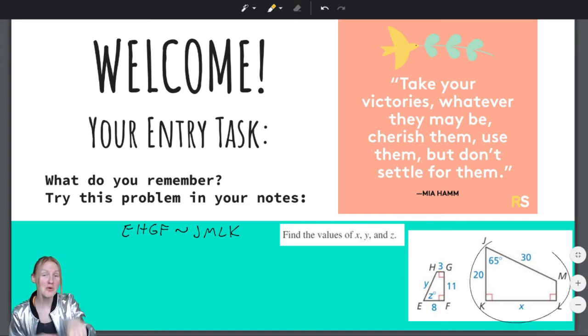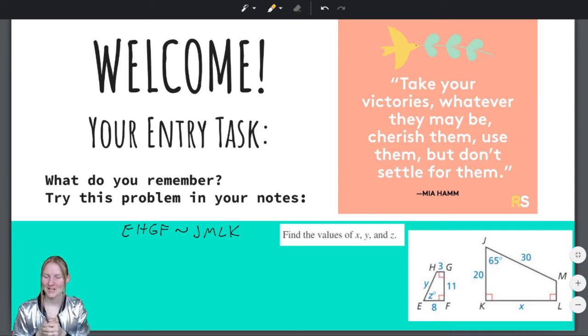So now that you know they're similar, pause the video, try the problem in your notes, then unpause it, and let's do it together. Because these polygons are similar, we know that corresponding angles need to be congruent, and corresponding side lengths must be proportional.